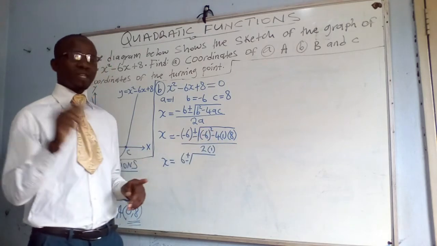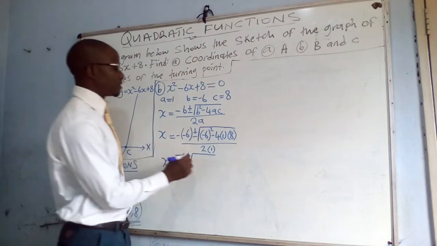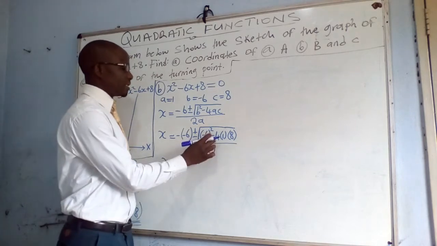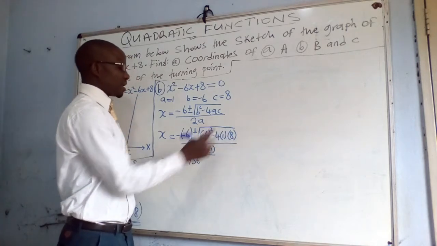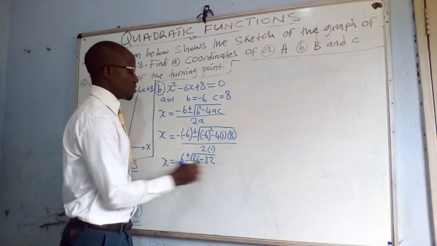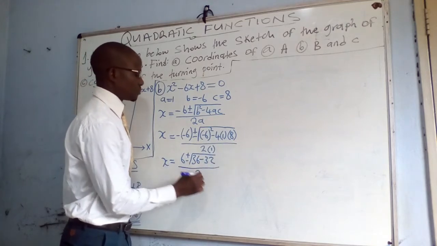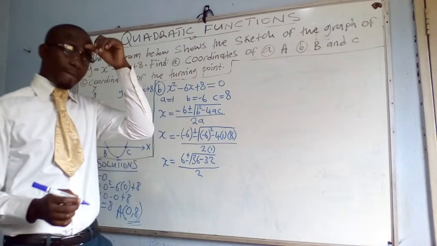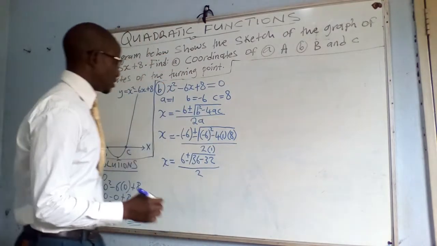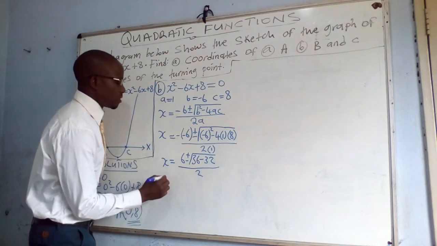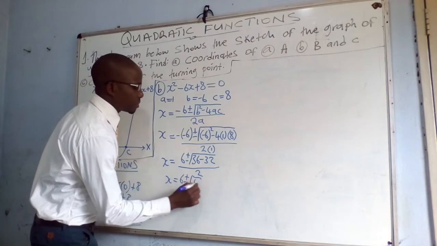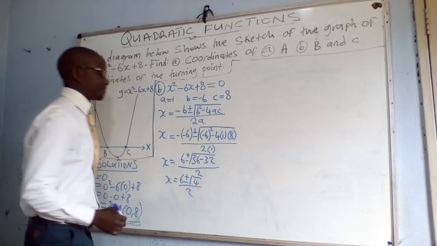So negative 6 times negative 6 is going to be a positive 36. Then negative 4 times 1 times 8 is negative 32, over 2. Work out what is in the root. 36 minus 32 is equal to 4. X is equal to 6 plus or minus root 4 over 2.